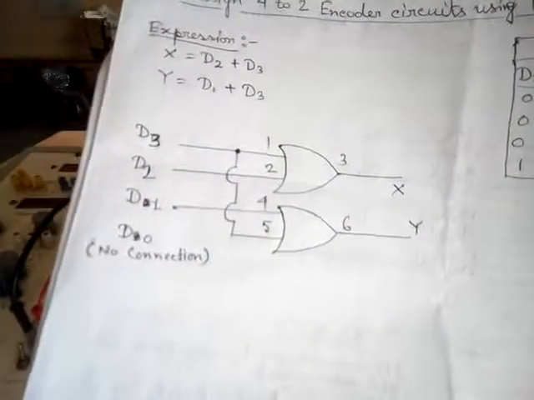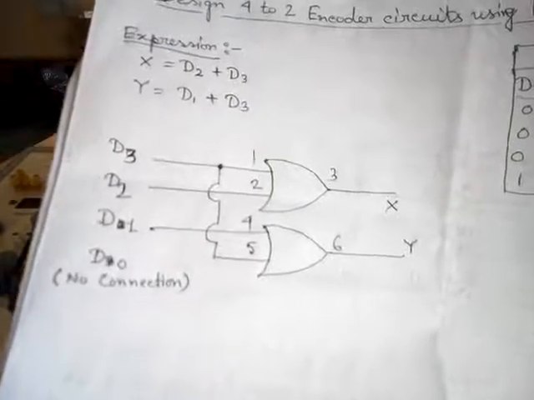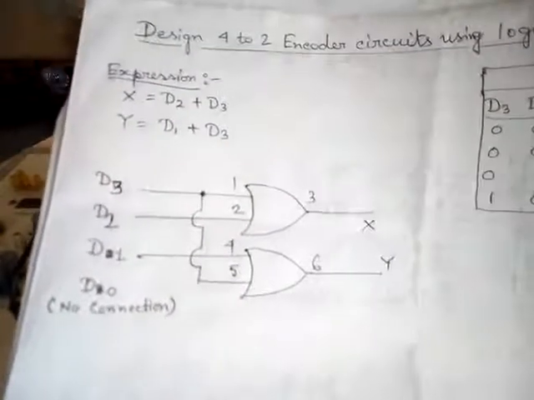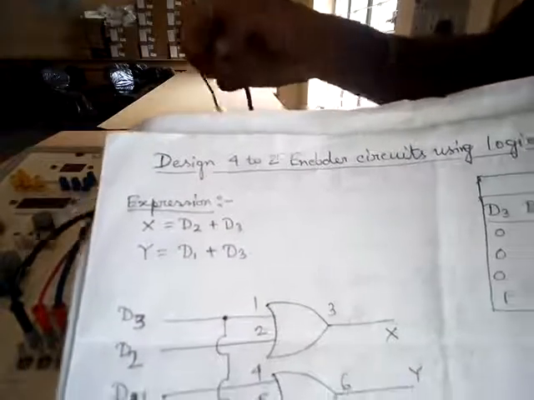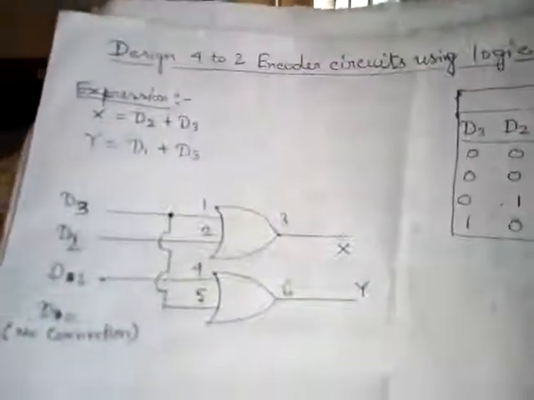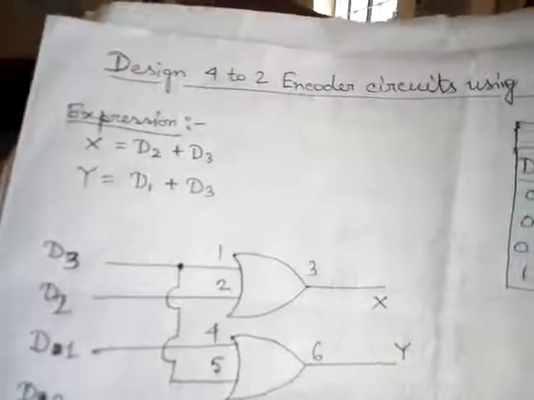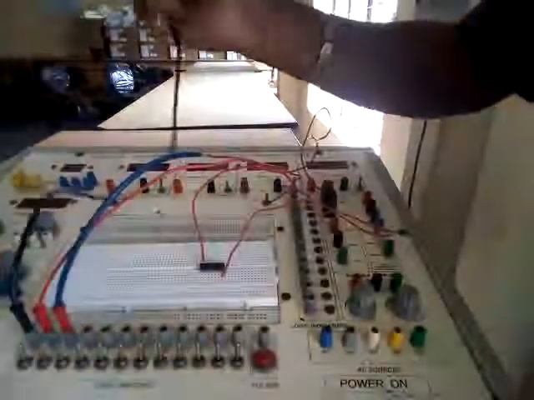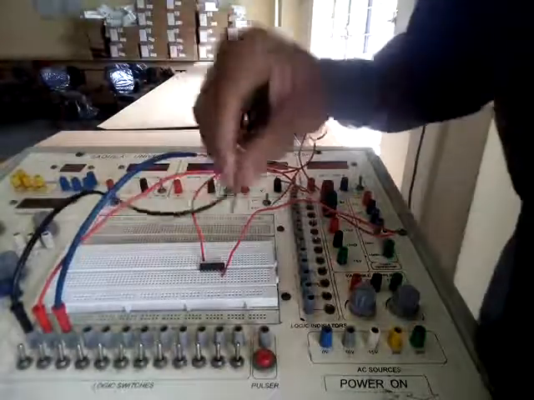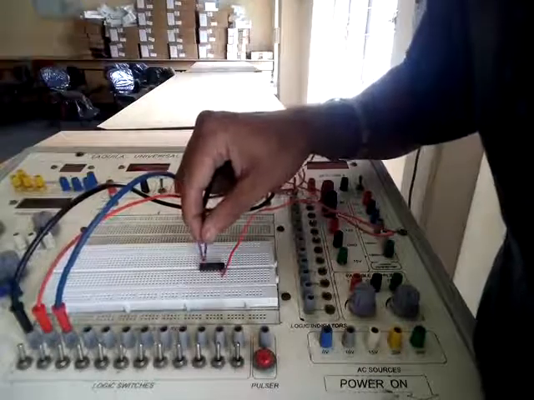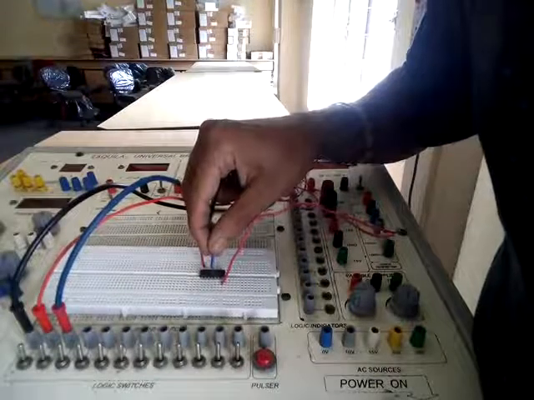As per circuit, D1 is connected to pin number 4. D0 has no connection, you can see the circuit. So D1 is connected to pin number 4.